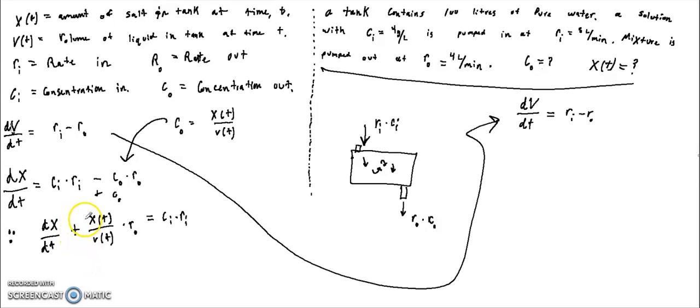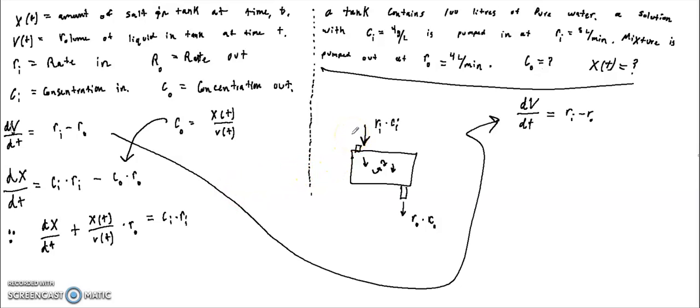That's our final equation, which we can use with an integration factor because we don't have any constants or variables here. We just have a plain dx dt. We have a constant on this side, so we have it in a form that can be used with an integration factor.